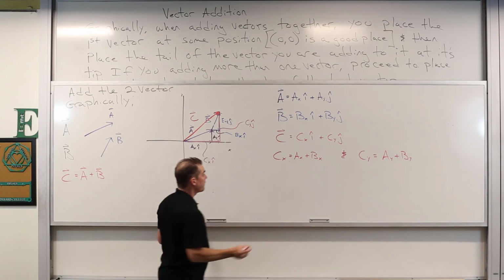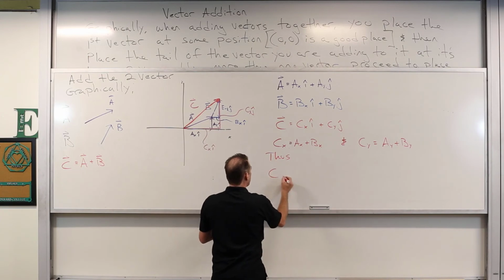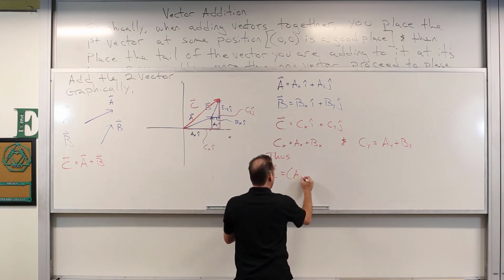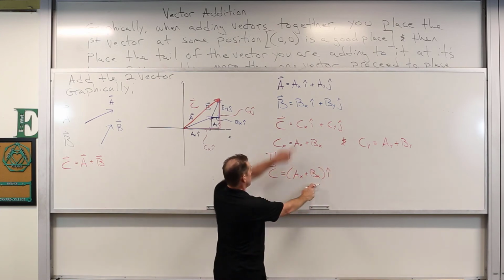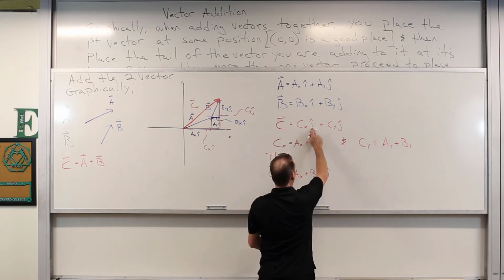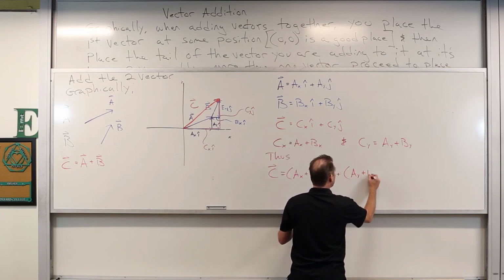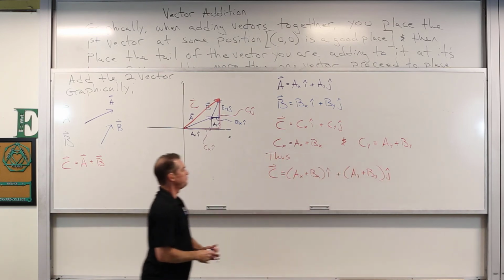So, what do we have with this? Well, we've got ourselves that C hat is equivalent to A sub x plus B sub x in the i hat direction, remember, this is C sub x right there, plus A sub y plus B sub y in the j hat direction.